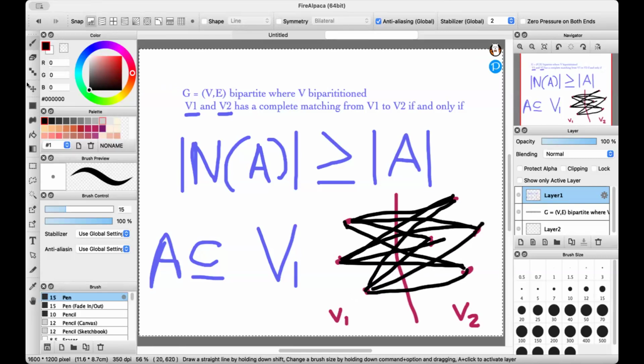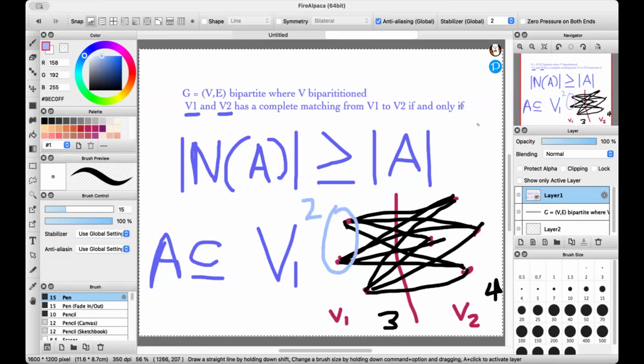But basically, let's say there are 4 vertices here and 3 vertices here. So let's take any subset from V1. Let my subset be these two. So the size of this subset is 2.